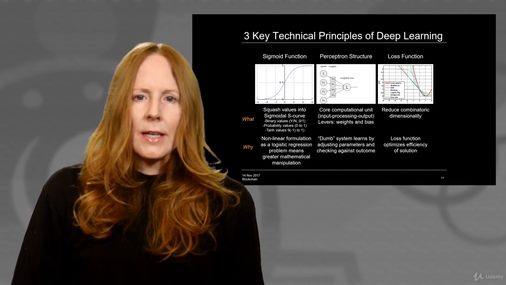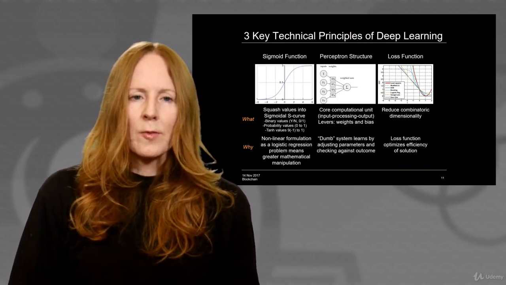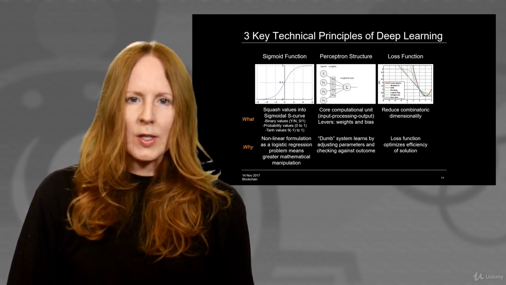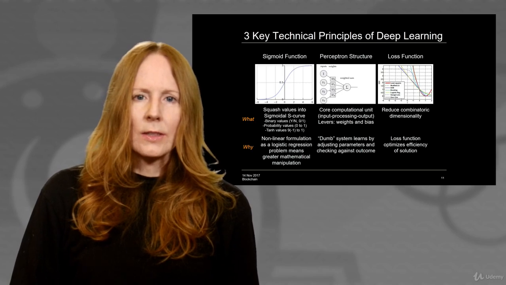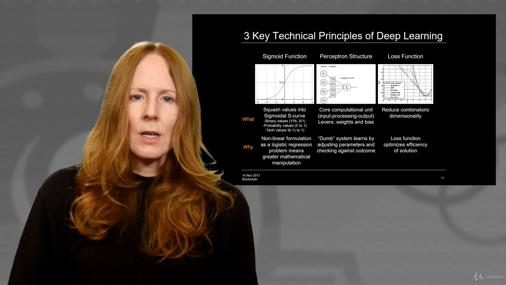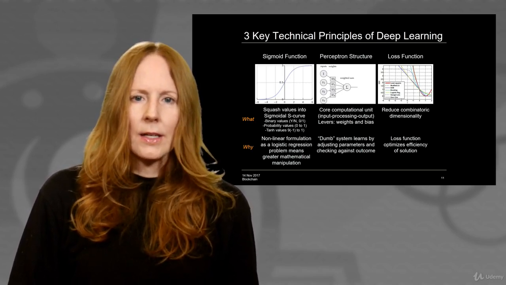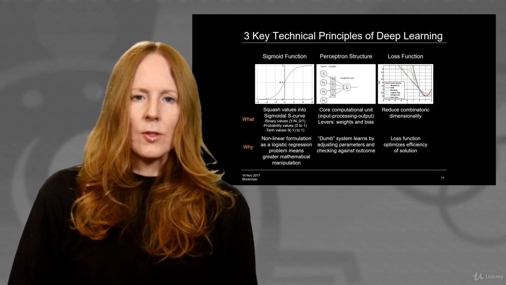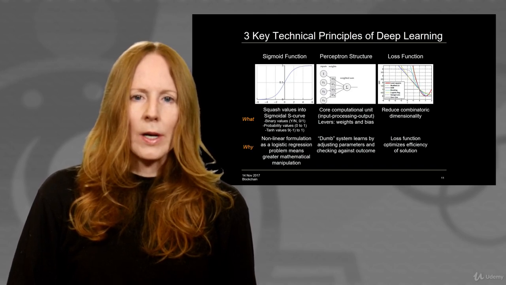There are 3 key technical principles to deep learning. First of all is to map your problem into a sigmoid function or a logistic regression. So no matter how complicated the inputs are, you map them all onto an equation that will deliver some sort of answer on an S-curve between 0 and 1, or -1 and 1.